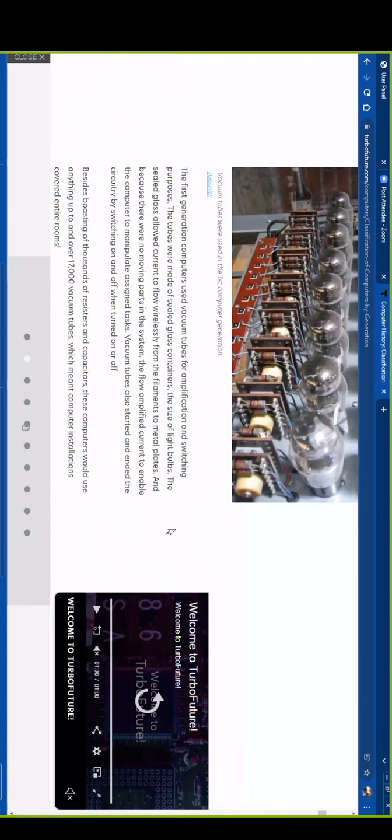Okay, circuitry was vacuum tubes. Besides thousands of resistors and capacitors, these computers used anything up to over 17,000 vacuum tubes, which means computer installations covered an entire room, just like a garage.